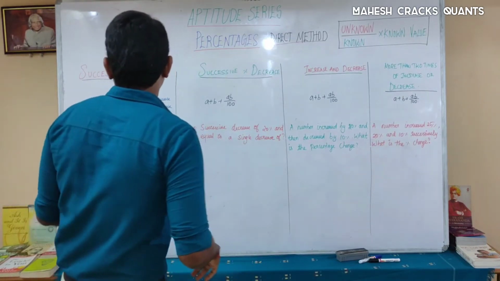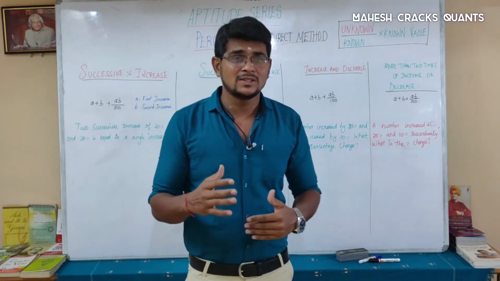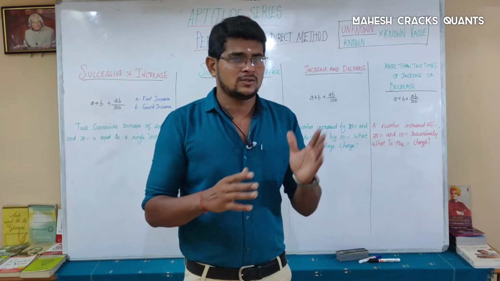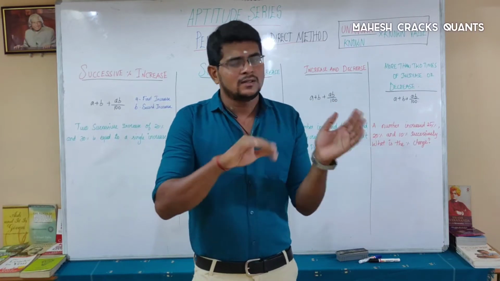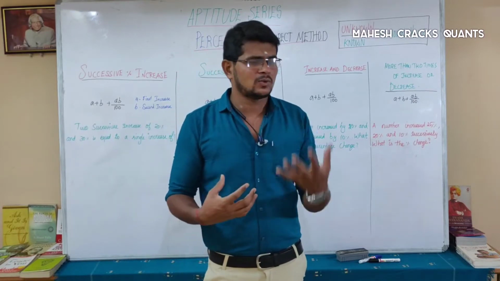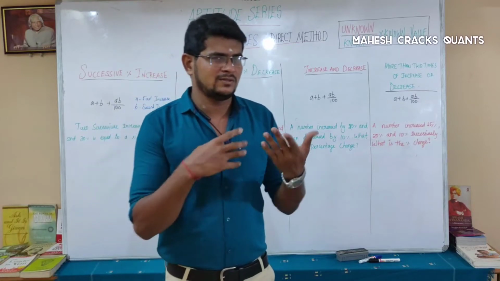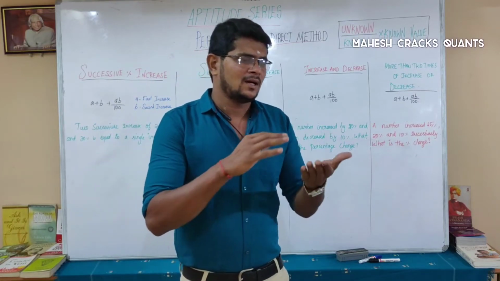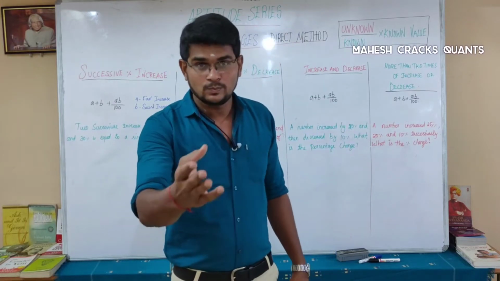So, first thing, successive percentage increase. What is successive? Successive means next. So, if a percentage increase happened at the first, the next increase is a successive increase. For example, I have a moped which is 100 rupees. I am giving it with a profit of 10% to you.